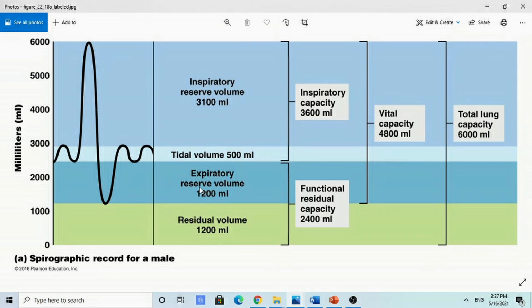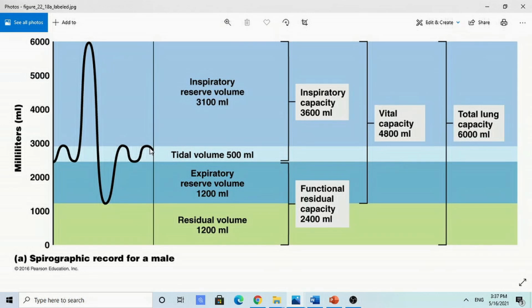As I explained earlier when I was talking about the mechanism of breathing, in order to breathe out this additional volume of air, we're going to need to use our internal intercostal muscles and abdominal muscles, right? That's what expiratory reserve volume is. And we can breathe out that and go back to normal.